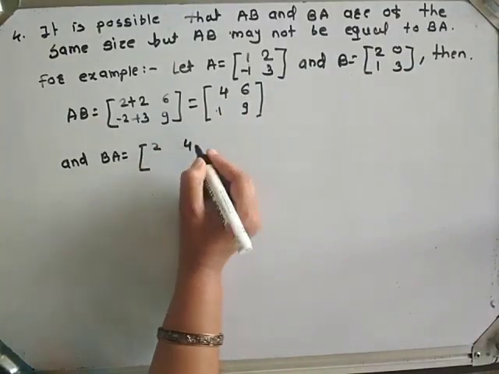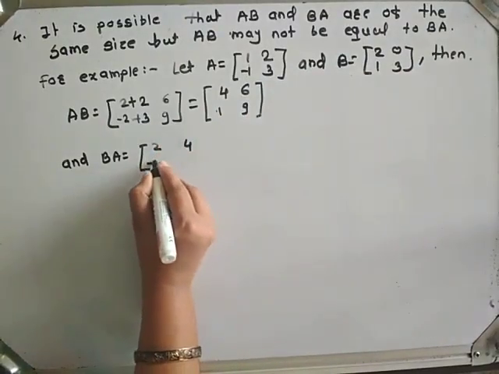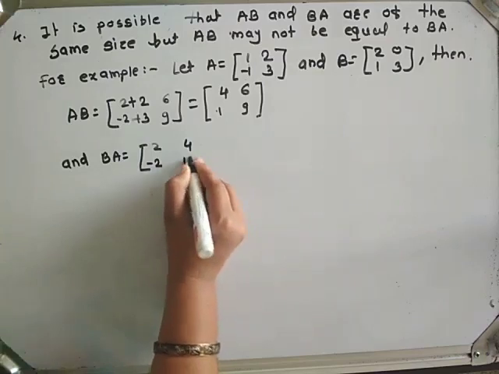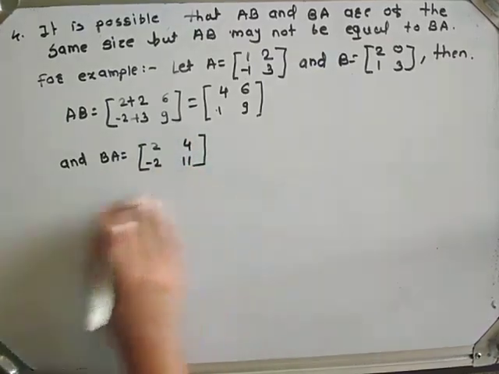Next entry we will get 2, next entry is minus 2, and the last entry is 11.